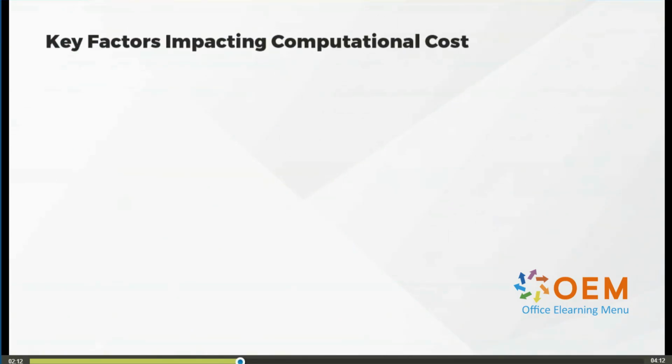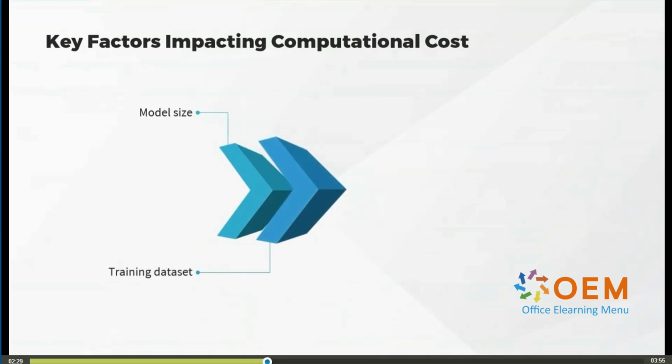Some key factors that influence the computational costs of LLMs are model size. Of course, larger models require more resources to train and run, more memory, extensive computation, and this is going to directly impact costs. Training data sets. The size and complexity of the training data sets is going to affect computational costs. Larger data sets require more time and resources to process, adding to the overall expense.